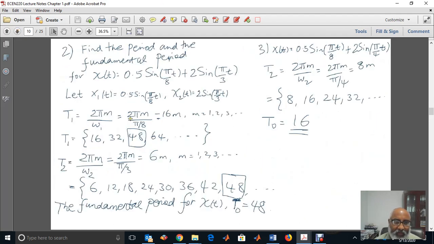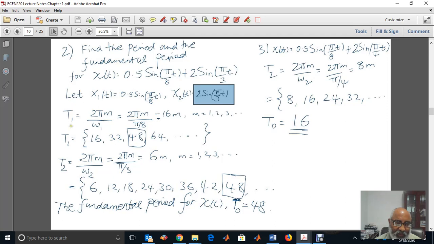Okay, if I have two signals with different frequencies, how can we find the fundamental period? That means I have a signal which is a sum of two frequencies. For example, x of t equals 0.5 sine pi over 8 times t plus 2 sine pi over 3 times t. The first part is 0.5 sine pi over 8 t, and the second part is 2 sine pi over 3 t.